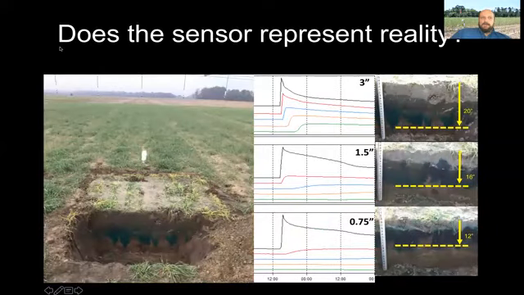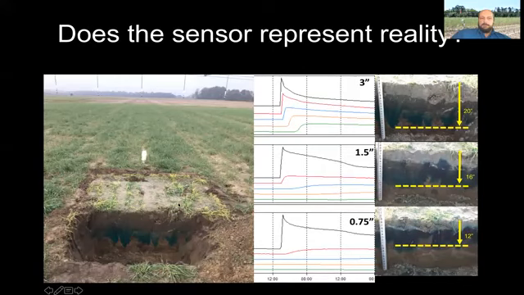So again, keeping on this same train of thought, does the sensor represent reality? I did a little test when I first started working with some of these sensors to see how close to reality these sensors were giving us information. What I did was I installed a soil moisture sensor here in the soil.